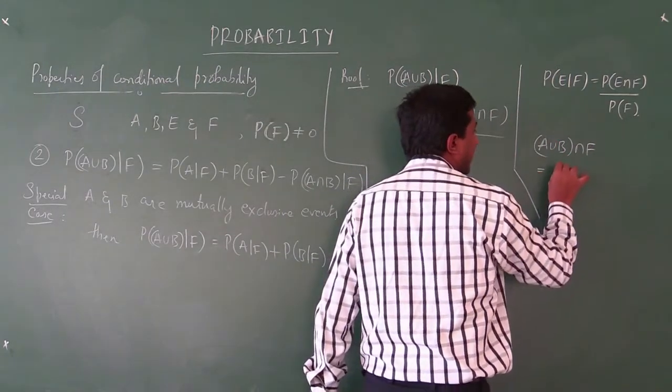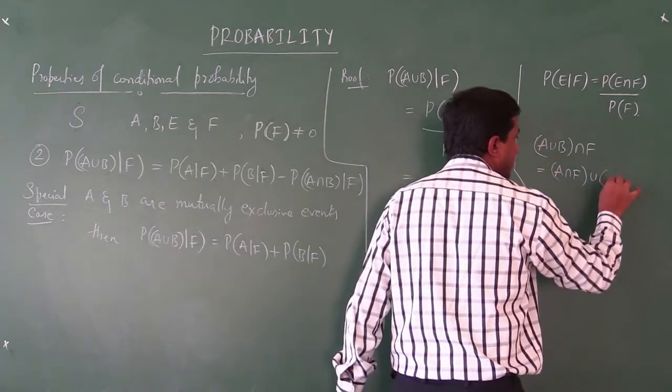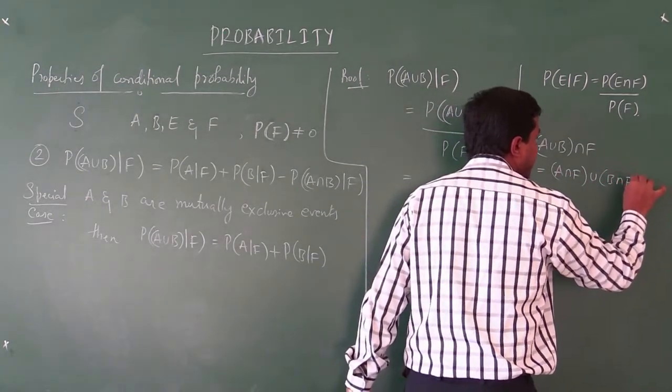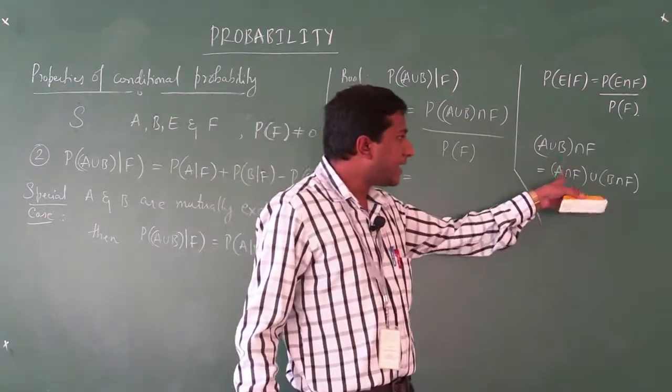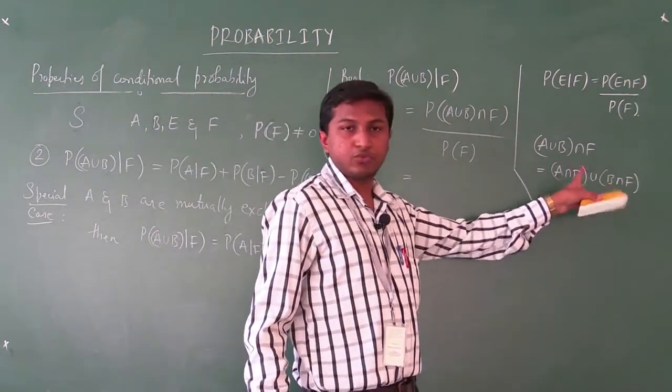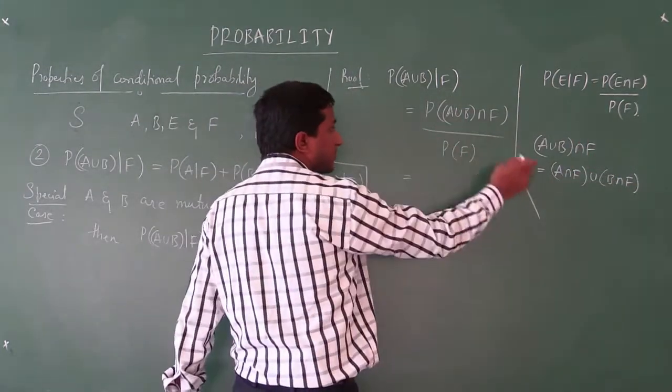We have (A intersection F) union (B intersection F). So I substitute that here.